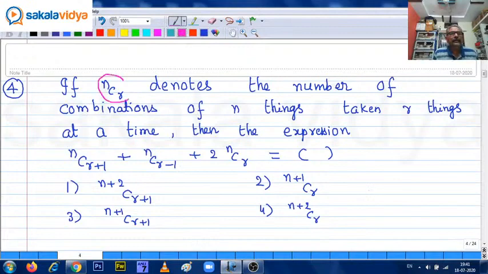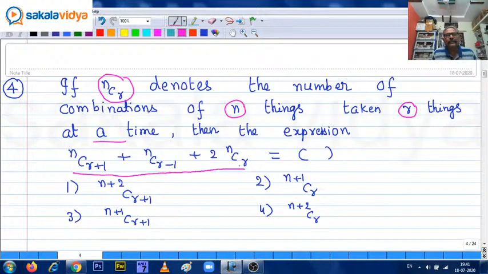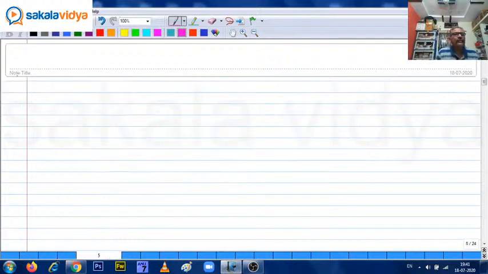See, NCR denotes the number of combinations of n things taken r things at a time. It's a formula. Then we need to find out NCR plus 1 plus NCR minus 1 plus 2 times NCR equals to. Okay, now let us go to the fourth solution.